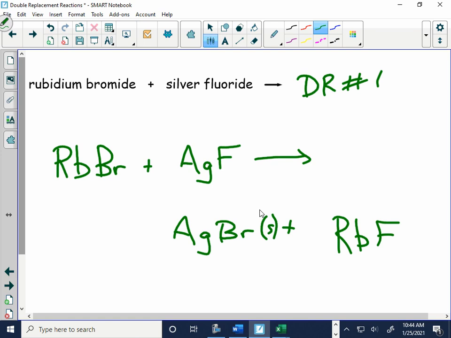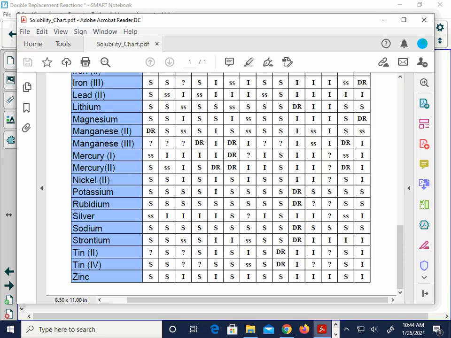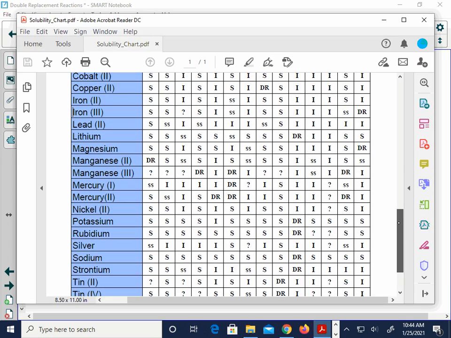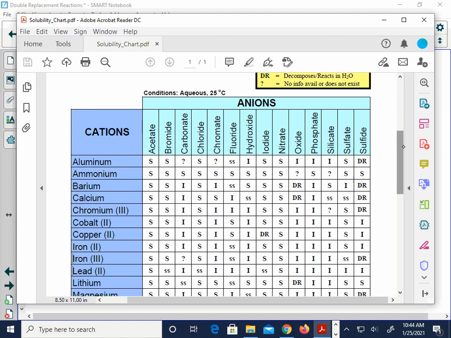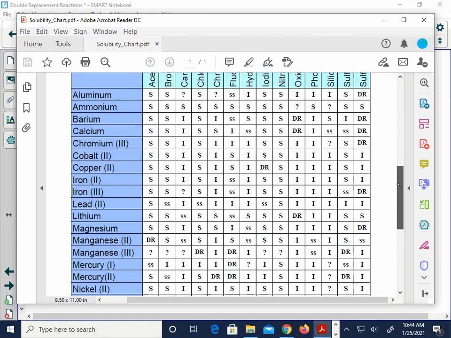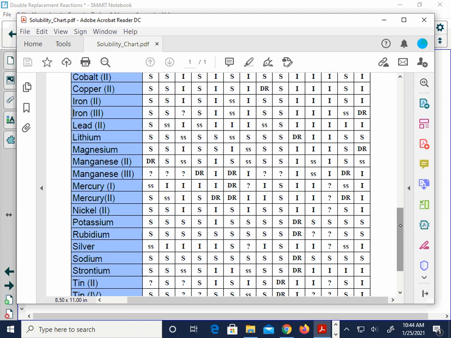It's insoluble. Rubidium fluoride. Hopefully, rubidium fluoride is going to be soluble, okay? Fluoride is going to be 1, 2, 3, 4, 5, 6 over my rubidium. 1, 2, 3, 4, 5, 6 over gives me an S. So it is, in fact, soluble.